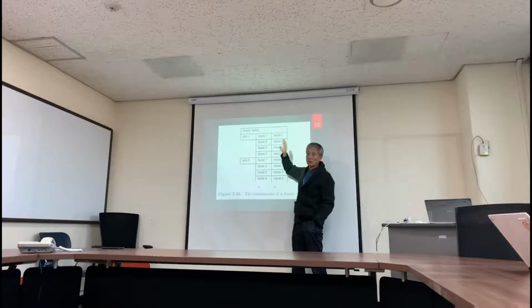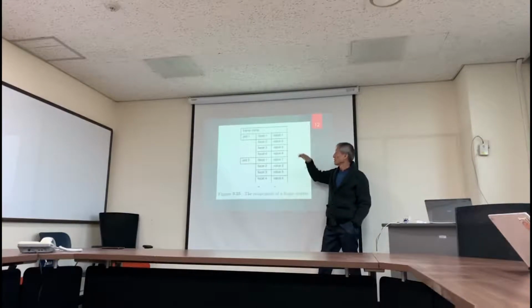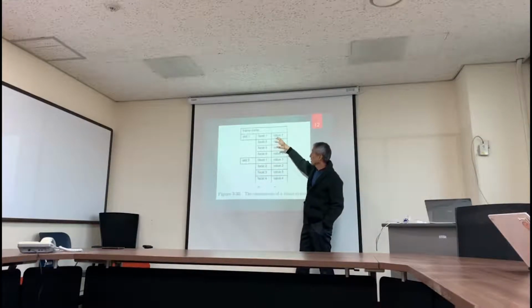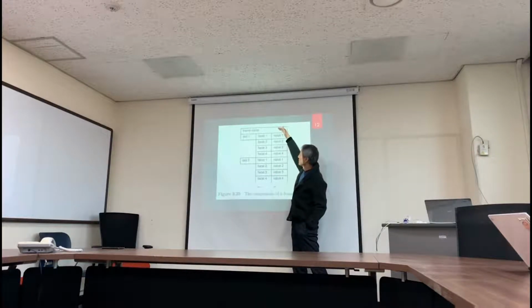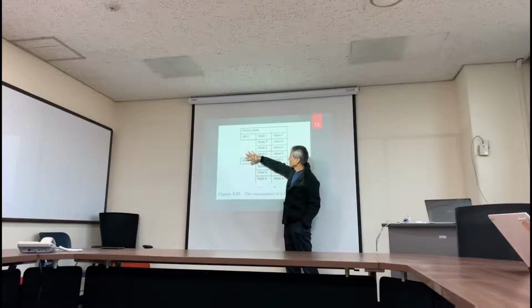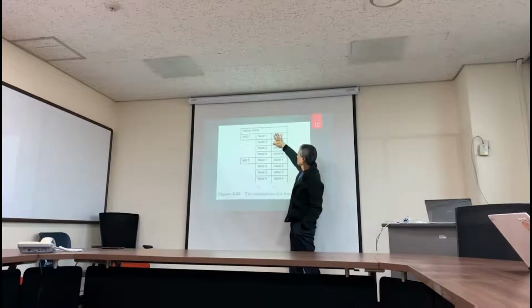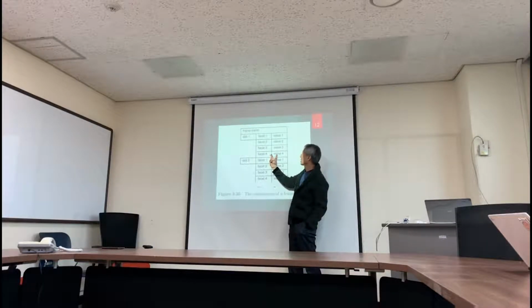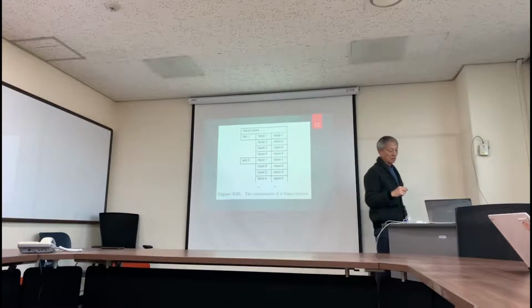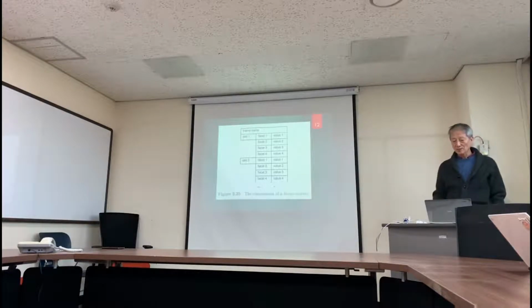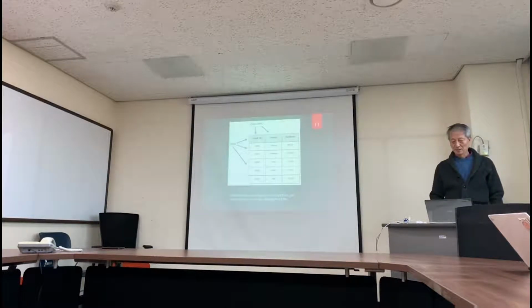Each one is slot or box in a table, so that they can be used as a data structure. They have a frame name and slot name, and then facet and value. It's a pair. Each facet has a value, so it's something like a property. But it's a kind of definition.